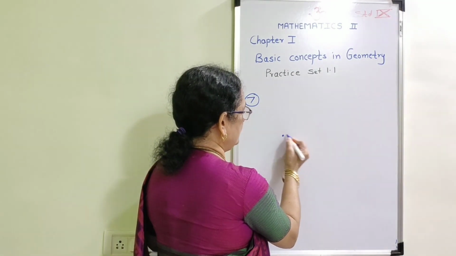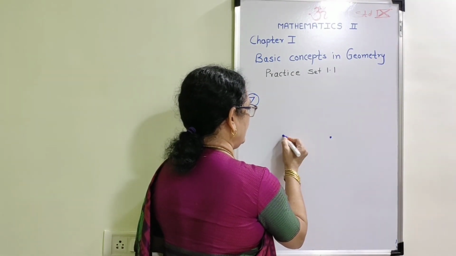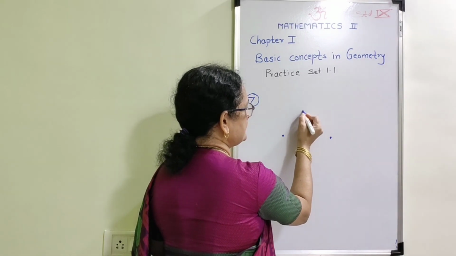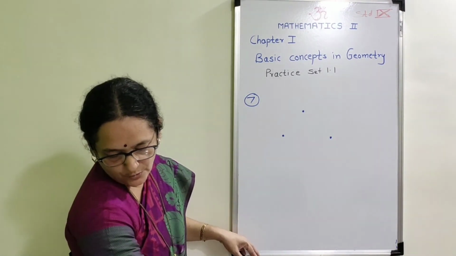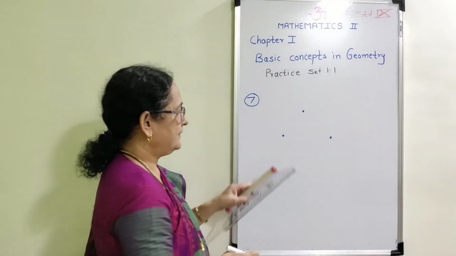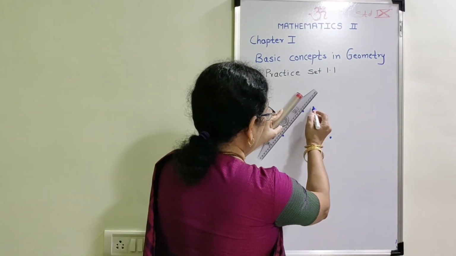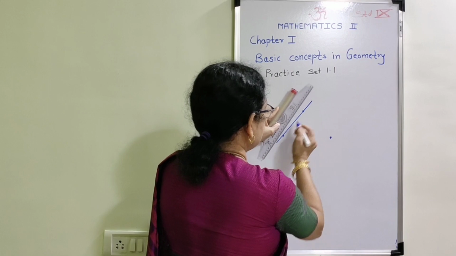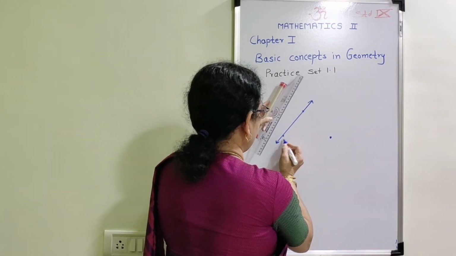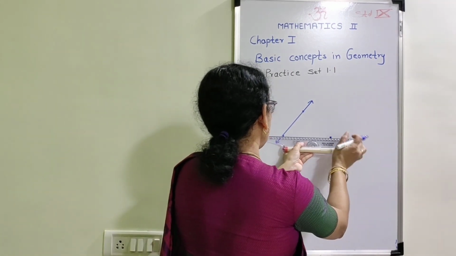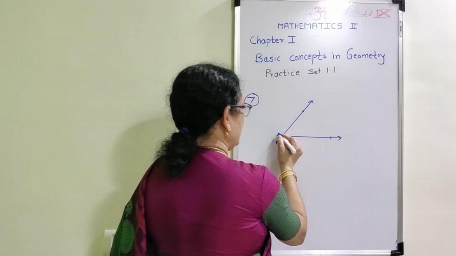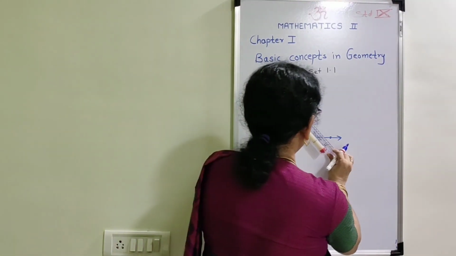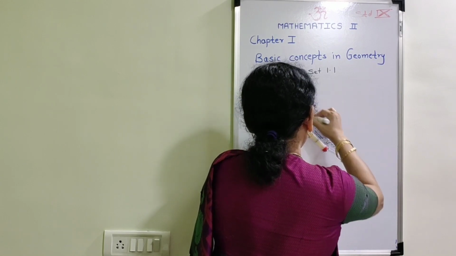I have taken 2 points here, and since the third point is non-collinear, I have taken it like this. Now we are going to draw the figure: which figure is formed with the help of these three non-collinear points? When we join those points, please tell me the name of the figure that you will get.